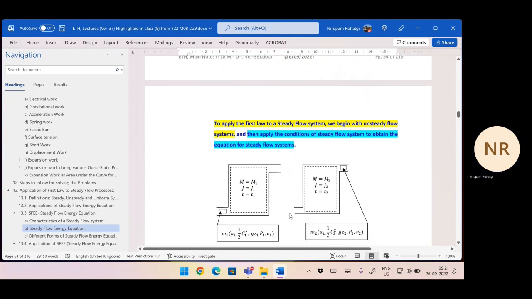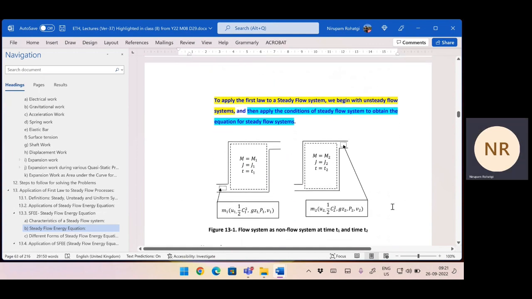The system looks like this. There is something going in and something coming out from here. So it has two openings. One is inlet and one is outlet. Inlet for the fluid to go in, outlet for the spent fluid to come out.